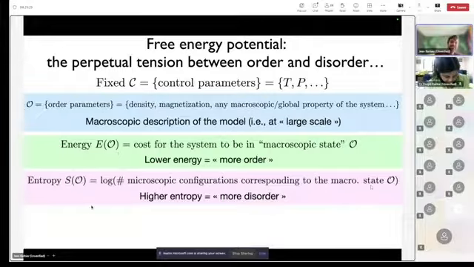The entropy instead is the logarithmic number of configurations corresponding to a certain macroscopic state. It's the degeneracy corresponding to a certain value of the order parameter. So, for example, in inference again, the microscopic states are all the possible values of our estimator for the unknown parameters, and the order parameter could be the minimum mean square error.